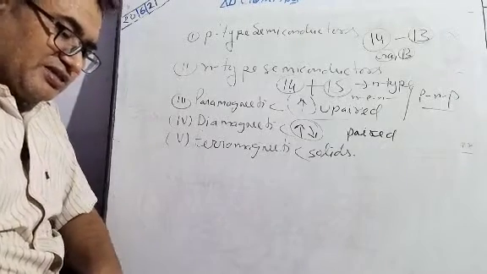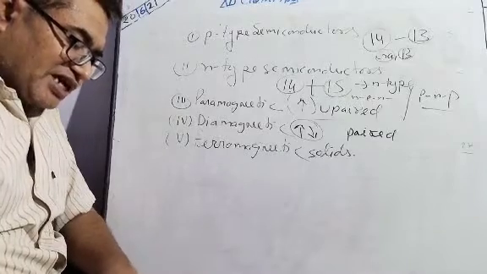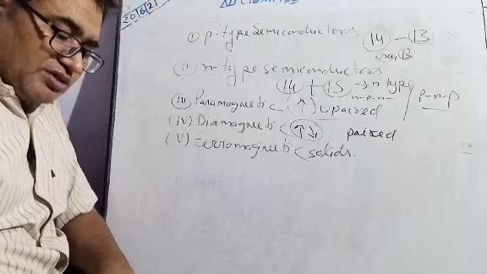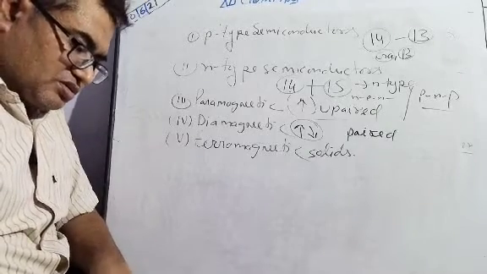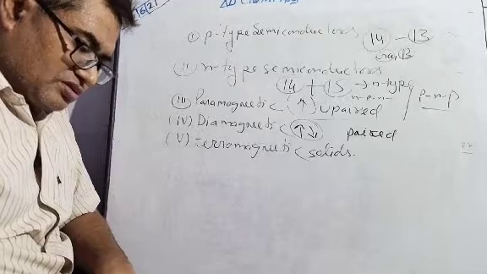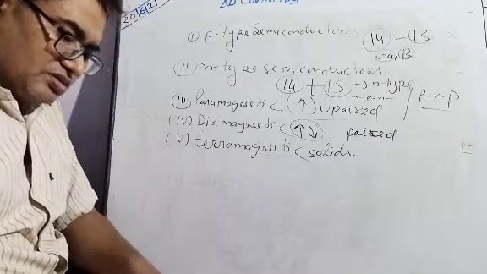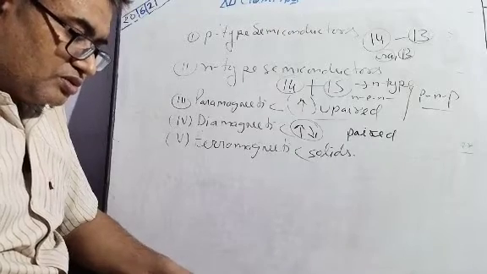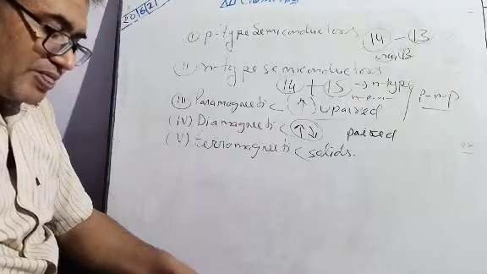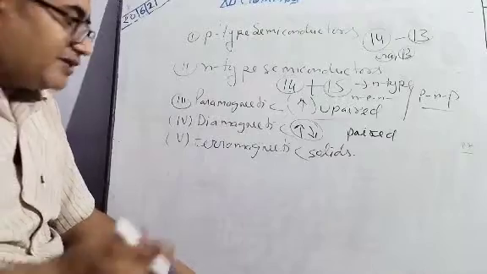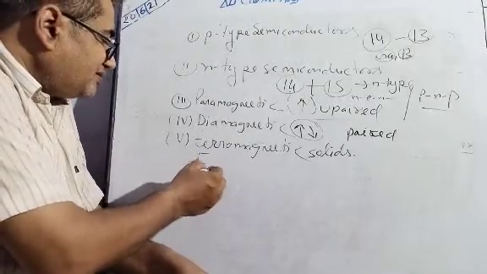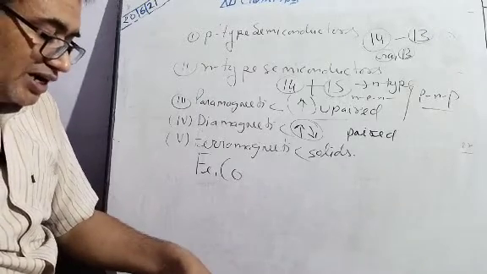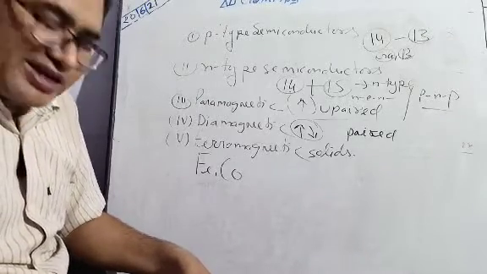Ferromagnetic substances are very important. A few solids like iron, cobalt and nickel are attracted very strongly in a magnetic field.